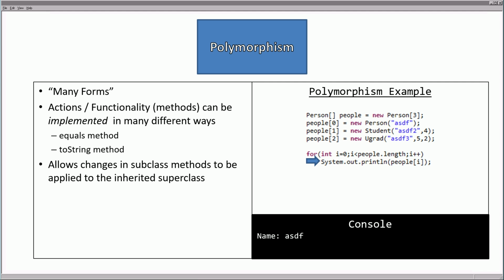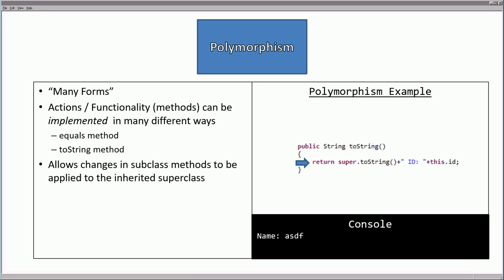Now we increase the index by 1, and now we're on people at index 1, which is a Student. Now this is what it means by we allow the changes in a subclass's method to be applied to the inherited superclass. Because we overrode the toString method, we call Student's toString method, which is going to append a call to super.toString with "ID" and the ID.